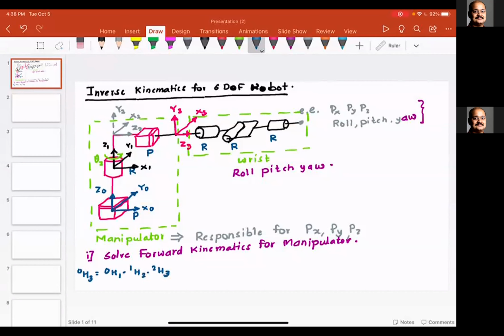Rather than working out 0h1, 1h2, 2h3, I will directly give you the value for 0h3.